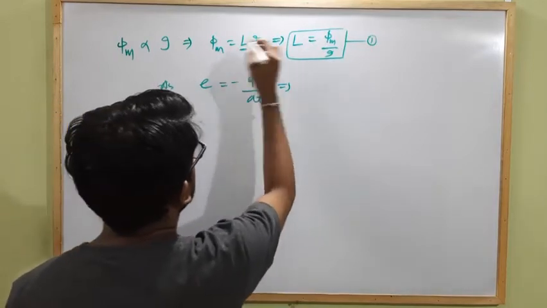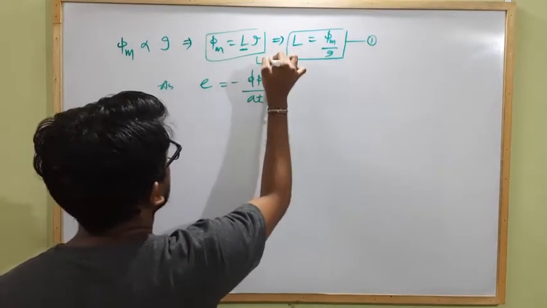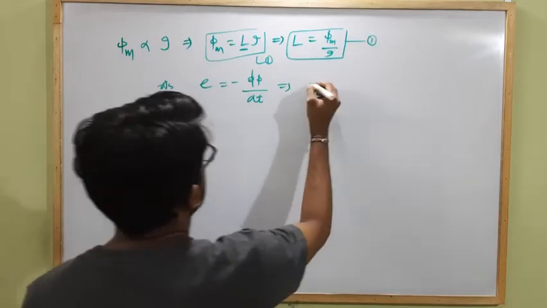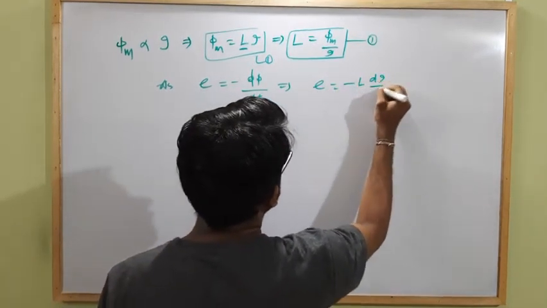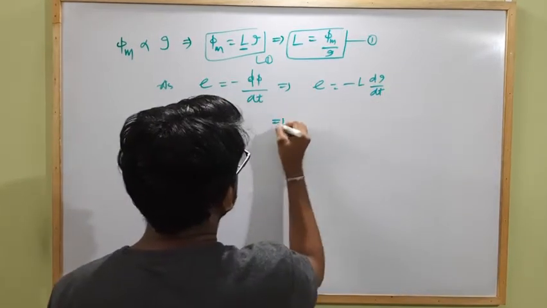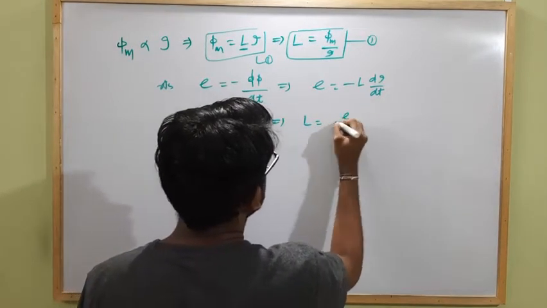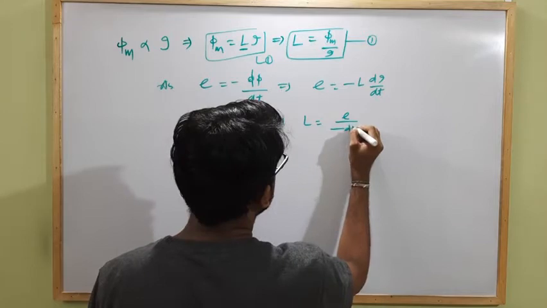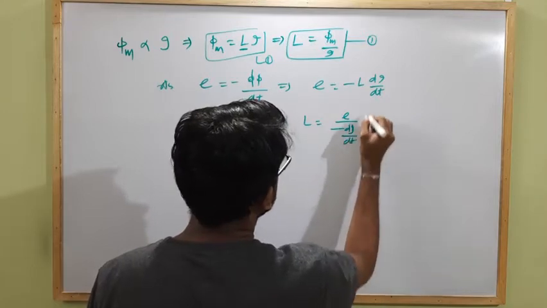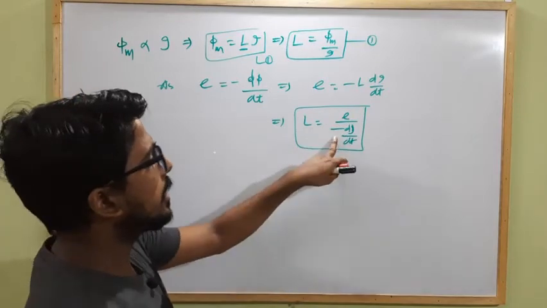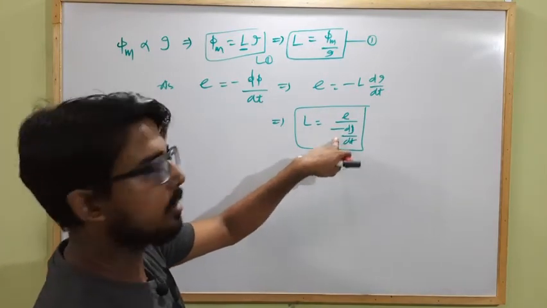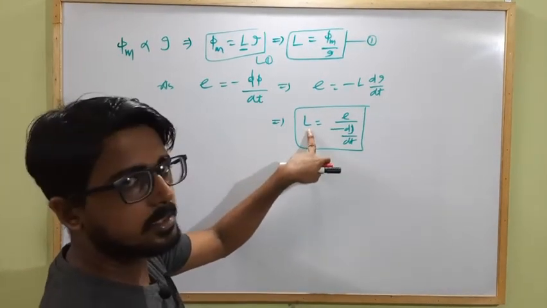By differentiating equation 1 we get E equal to minus L into di by dt. So L equals E divided by minus di by dt. The induced EMF produced per unit rate of decrease in current through the inductor is also known as self-inductance.